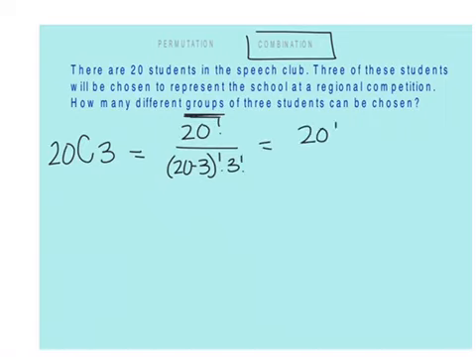So I get 20 factorial divided by 17 factorial, 3 factorial. Go ahead and do that work there. Remember, the 17 can be canceled out with the 17, 16, 15 on down to 1 on the top. When I did that, I got 1,140 groups.